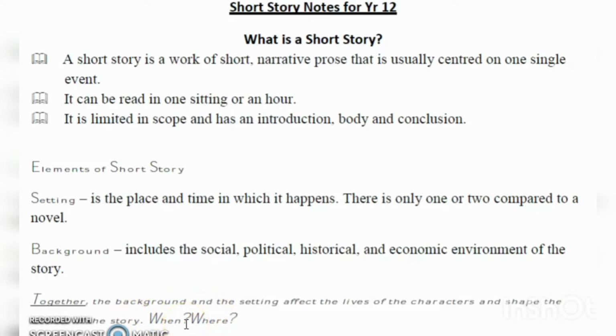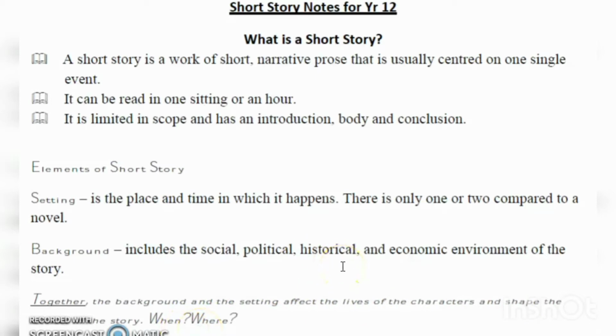For Year 13, you've got Harry. The when was during the time of slum reappropriation, so they had to be taken to different places, whereas the where was London. Those are some differences between the setting and background, and they work together to affect the lives of the characters and shape the events of the story.